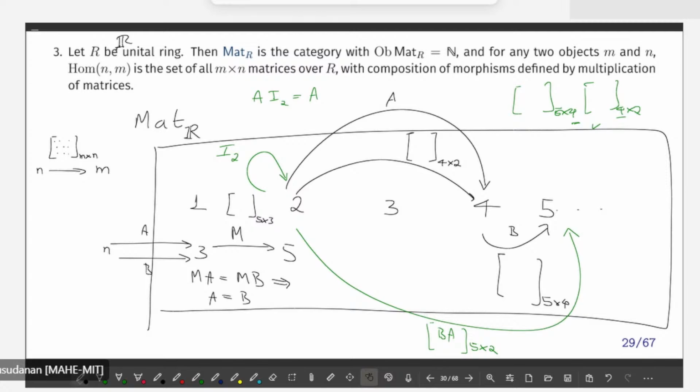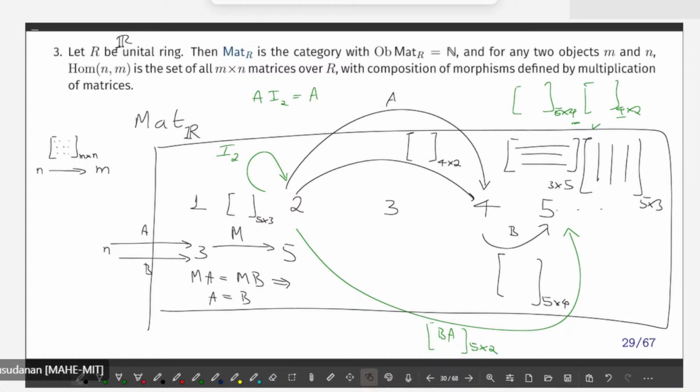You can definitely have. So given a full rank matrix, okay, suppose there are 3 linearly independent columns, then you can have a 3 by 5 matrix such that this product is the identity matrix of order 3.